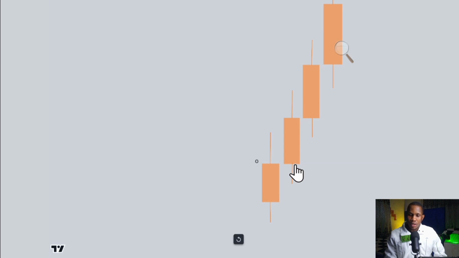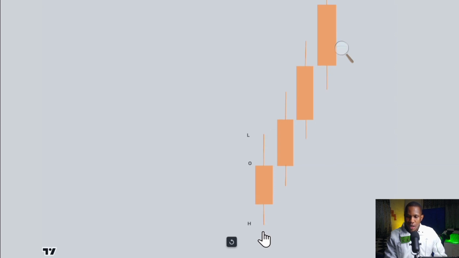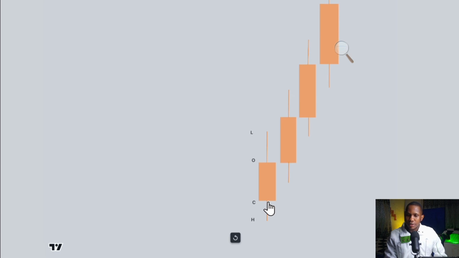So currently the opening of the day moved towards the high of the day, from the high of the day towards the low of the day, and from the low of the day towards a closing candle.